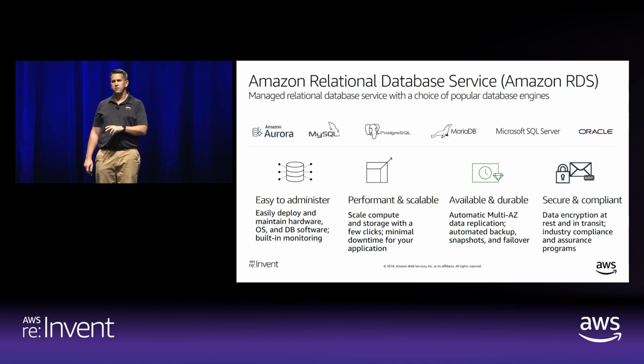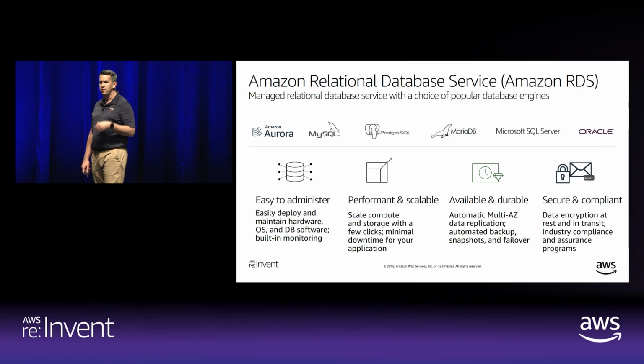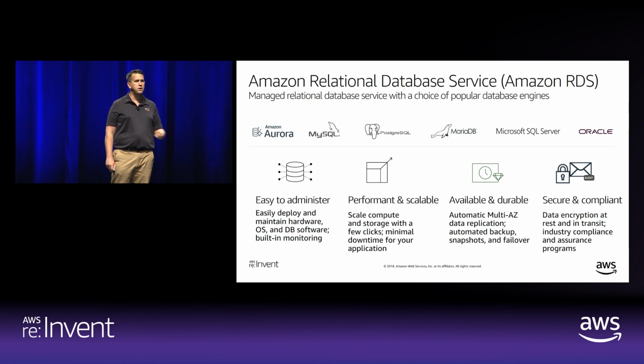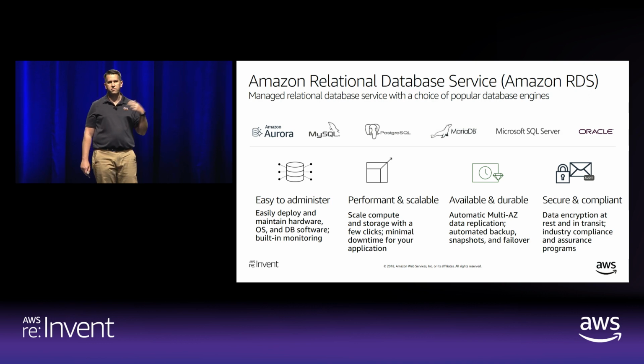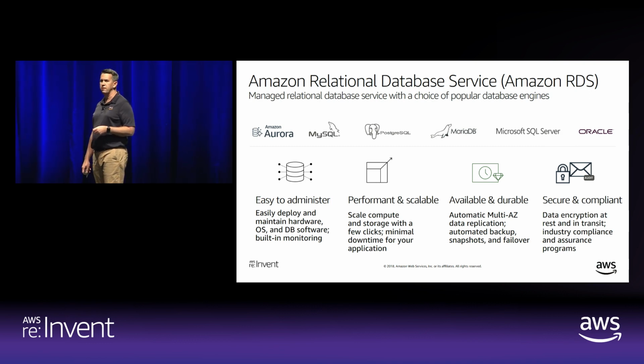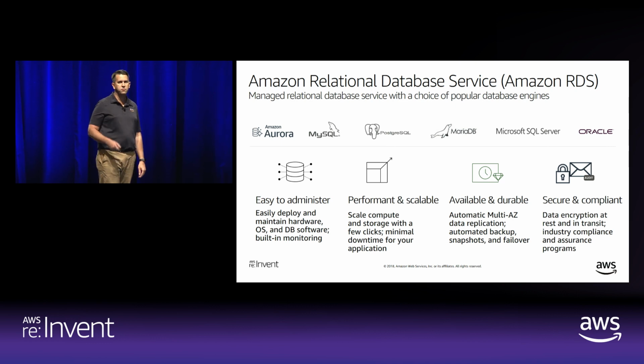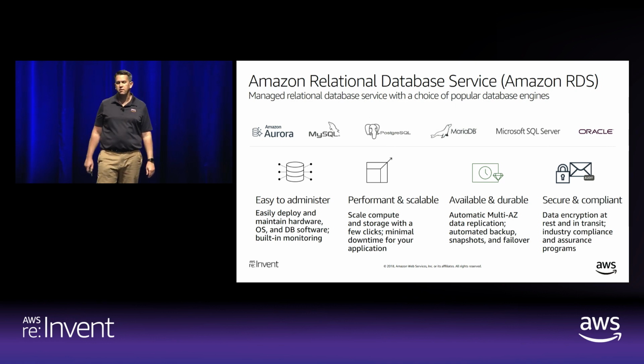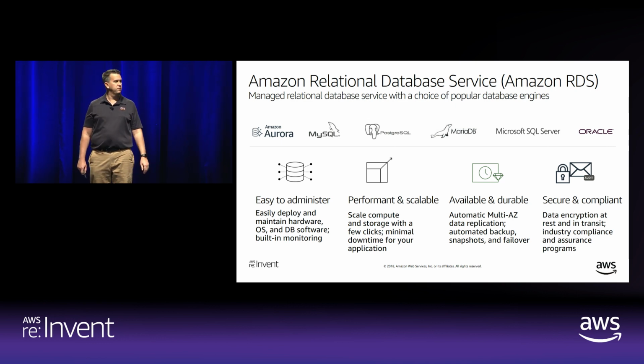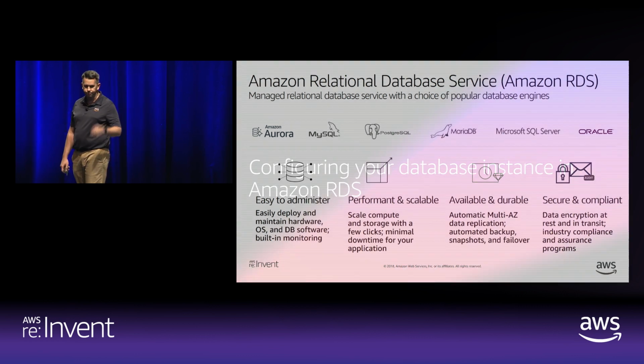I'll talk about how to set up your database for high availability through our Multi-AZ, multiple availability zones, automated backups, automated snapshots, automated failovers, and then fully secure. Amazon RDS is secure by default. We configure things from the beginning to be secure, but we've got lots of security features because we know that people's databases are sort of the core of their business.